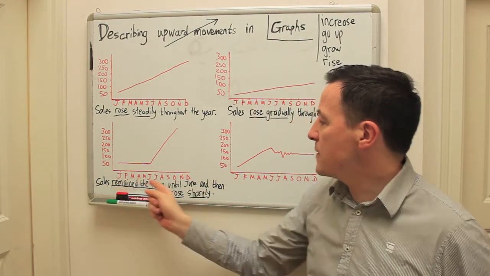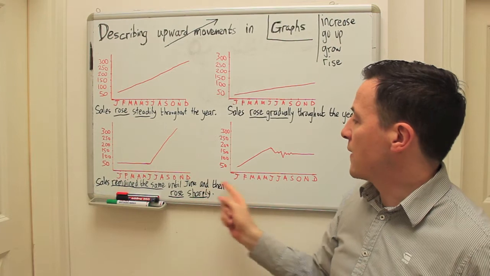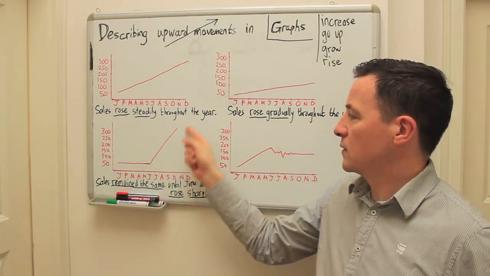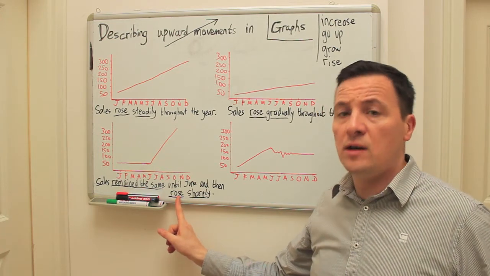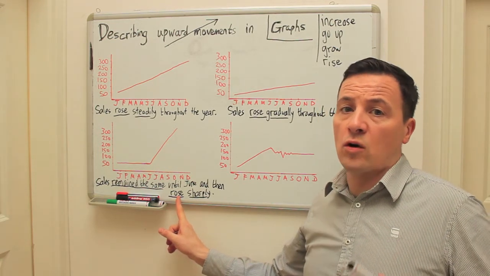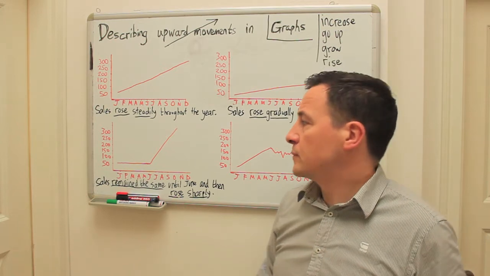Okay, sales remained the same until June, and then rose sharply. Again, you can also use the other verbs here. You can say increased sharply, or went up sharply, or grew sharply.